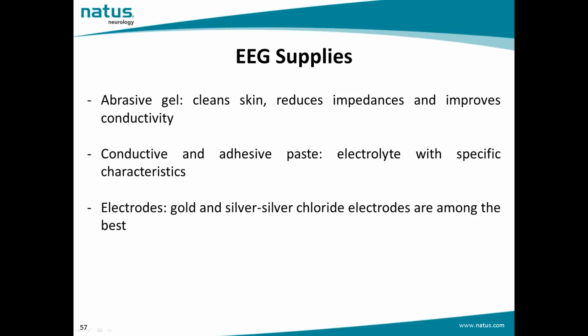Chlorided silver and gold disc electrodes have the best properties of all materials, having little drift and a long time constant. Because of these differences between electrode materials, it is important that all electrodes placed on the scalp of the patient be of the same material.